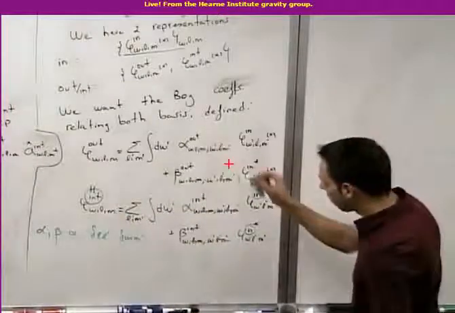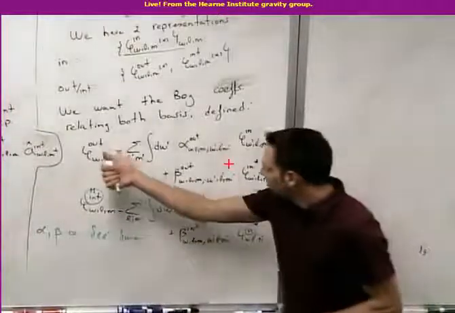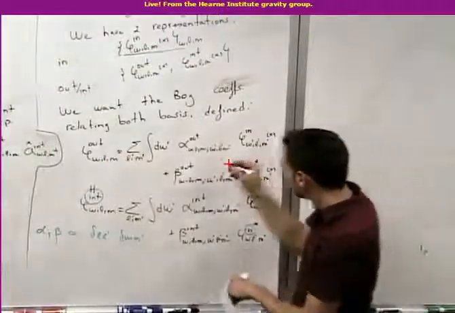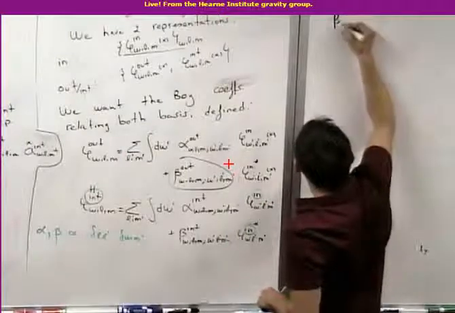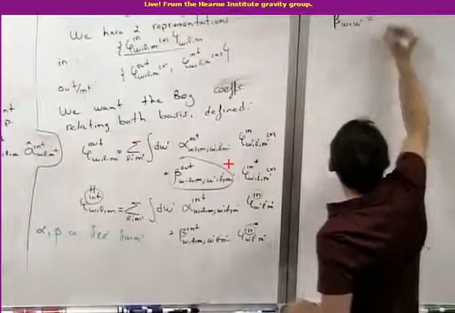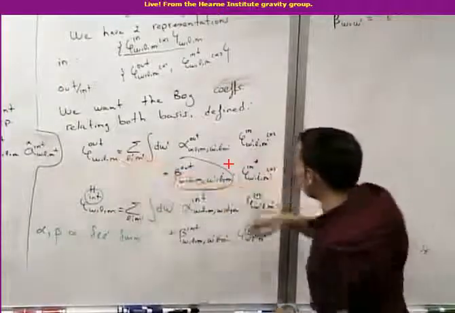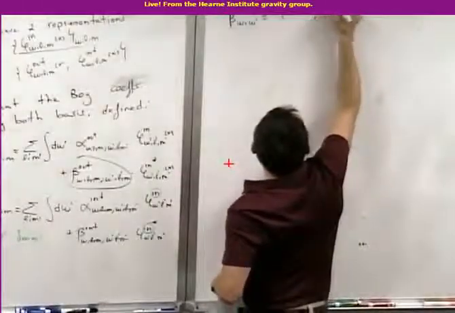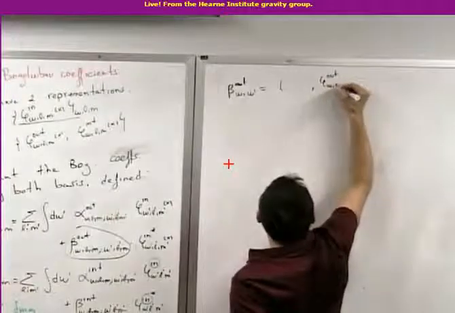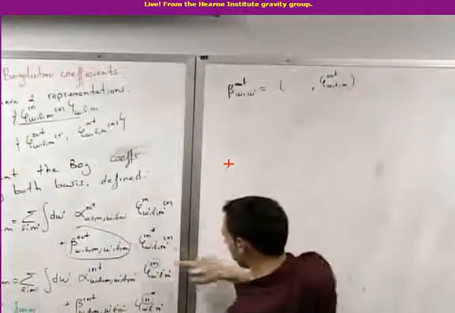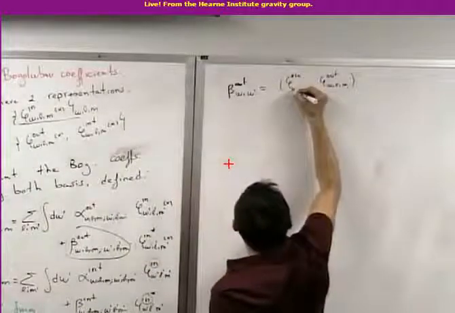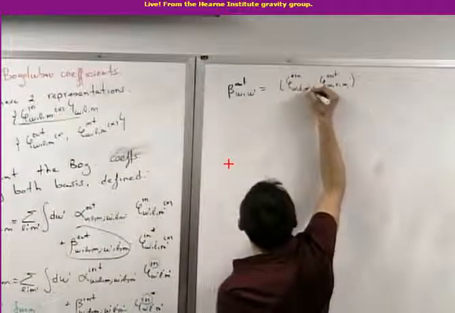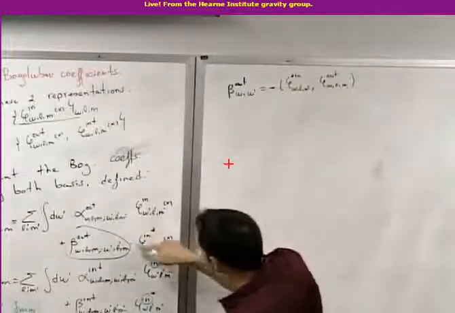To compute any coefficient, for instance, this coefficient with omega prime, I have to take the inner product of this out mode and multiply it by the in mode with omega prime, L prime, M prime, and I have to add a minus sign because the norm of this is minus.